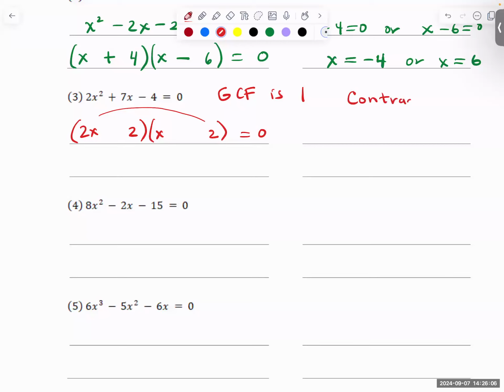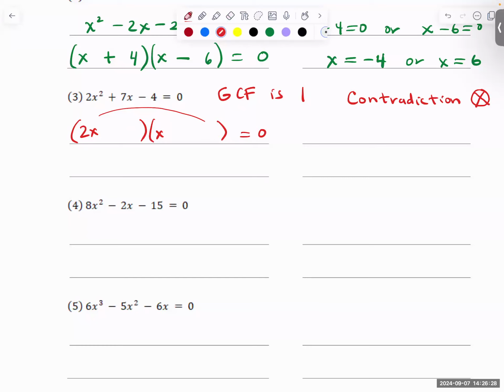The symbol for contradiction is a circle with an inscribed x, which means that we can't have a common factor other than 1, and this is not going to work as well when you check it.